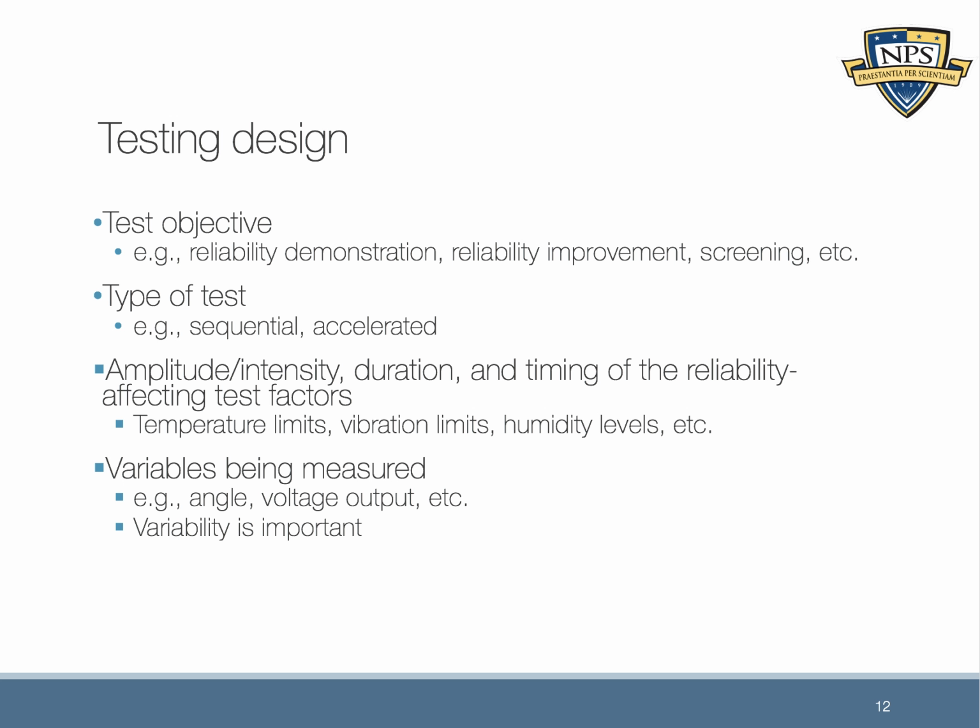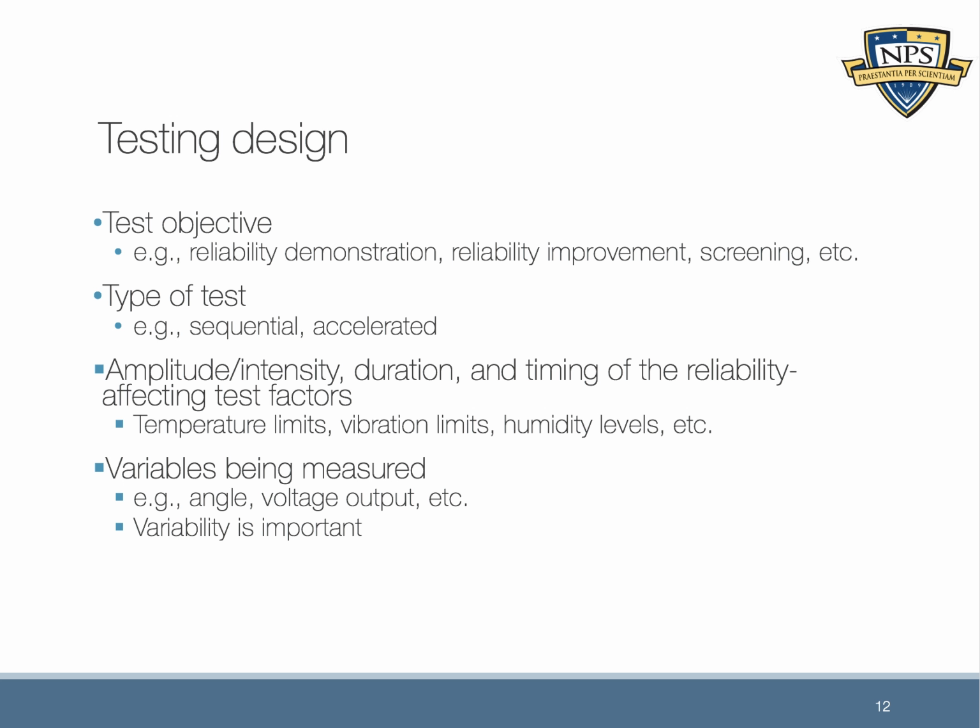But it may not be random vibration during the entire time. And there may be reasons for that, because it may be that you're applying that to certain units, but not all of them. But again, it's important to understand amplitude, intensity, duration, and the time when those occur for all the different reliability affecting test factors.